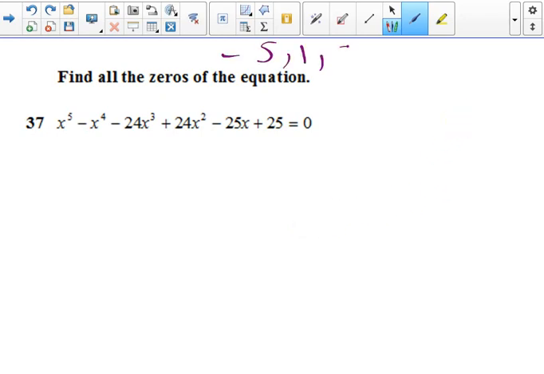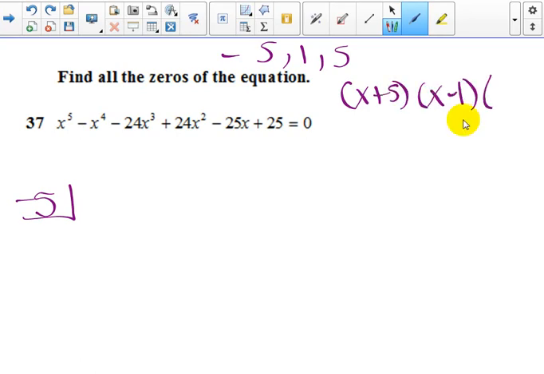-5, 1, and 5. So now we're going to use our synthetic division to take each one of these out of this equation. So here we're going to do a -5. And we know those came from the equations x plus 5 equals 0, x minus 1 equals 0, and x minus 5 equals 0.